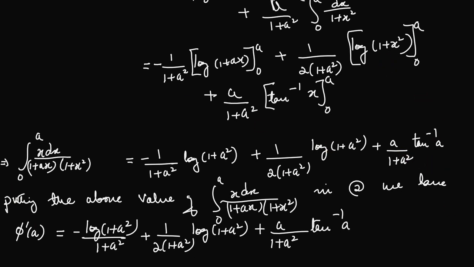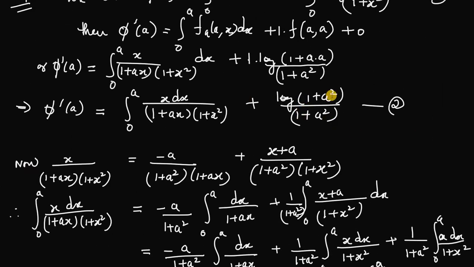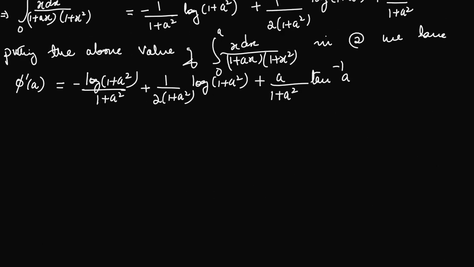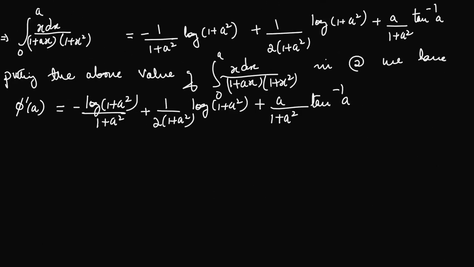And then what is the second term there? The second term in equation 2 is log of 1 plus a square by 1 plus a square. So you add up this one. So it will be plus log of 1 plus a square divided by 1 plus a square. Now see, the first term and this last term can be cancelled.